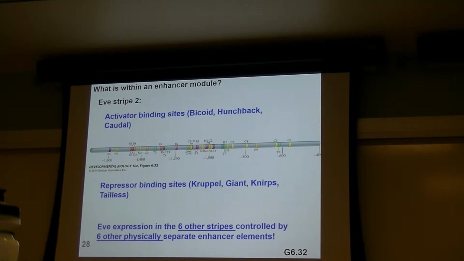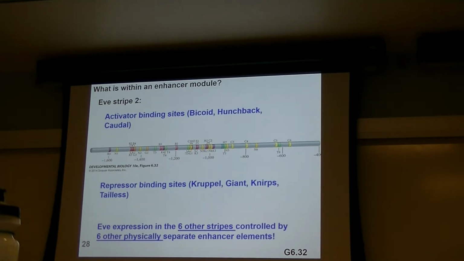Okay, so what about within these discrete DNA areas, within these enhancer modules, what do we actually see? What is the nitty-gritty of what it looks like inside the enhancer that's going to promote expression in this narrow group of cells? Here's a figure from your book.